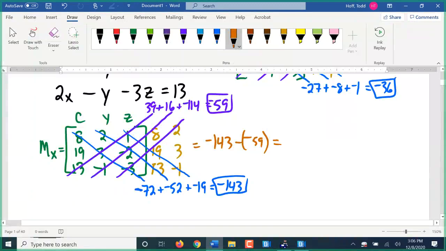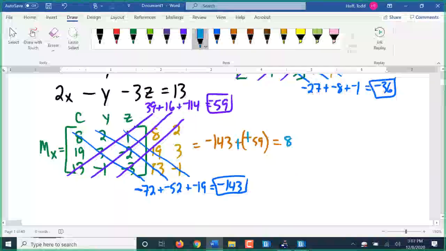Did I add it all up correctly? Okay, so it's going to be plus. The 59 is 84. Does that look right? I believe so. That's a -84.